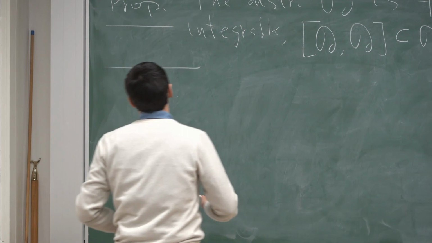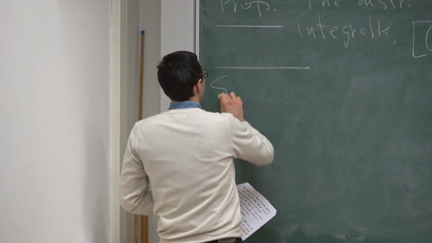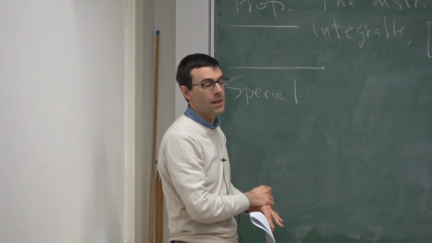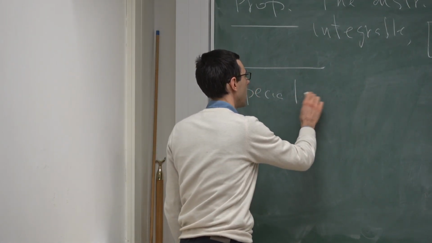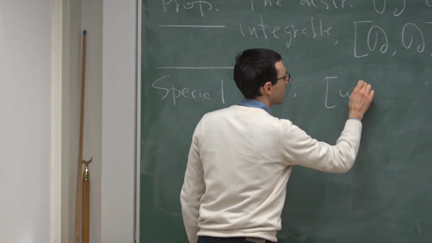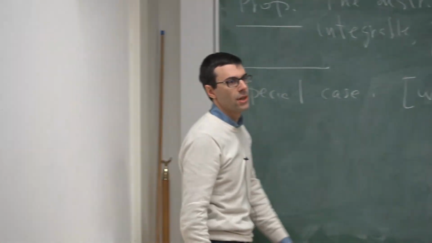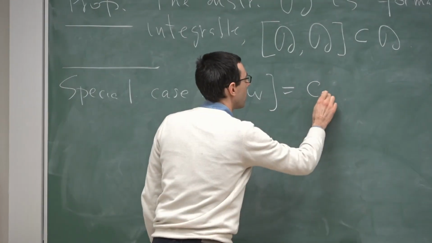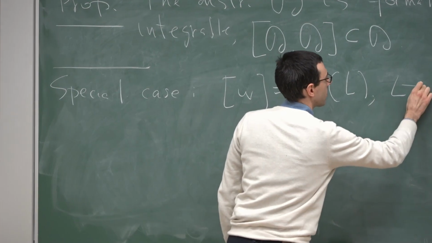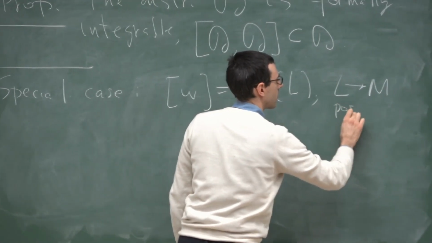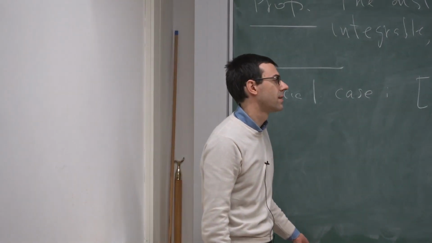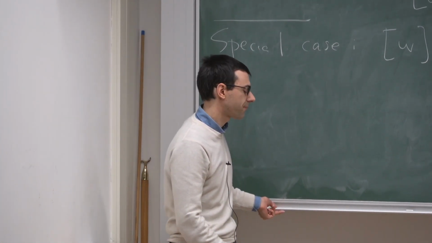So just to make my life simpler, and I think in many places in what follows, I just assume that we are in the projective case, when the polarization that we fix is actually algebraic. It's the first Chern class of some positive line bundle. But this is not necessary. It's just to make my life easier.